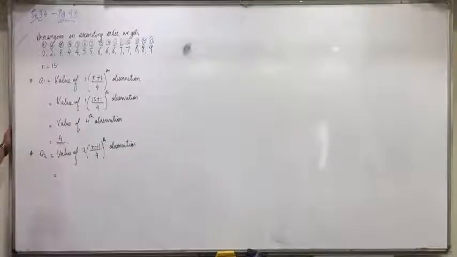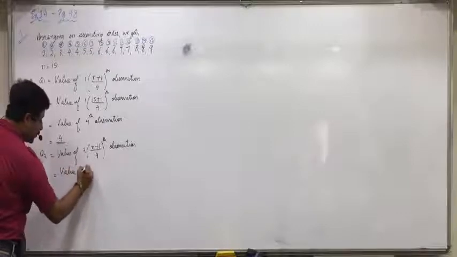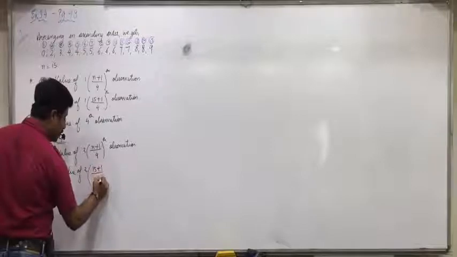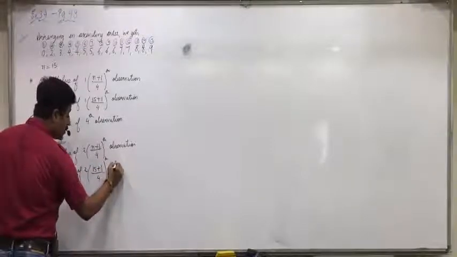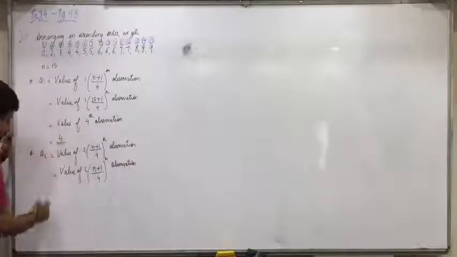Then Neil, Kunal, next step. Today you are present. Tell me. 2 into (15 plus 1). So value of 2, n is 15, (15 plus 1) upon 4th observation. Did all of you understand this?